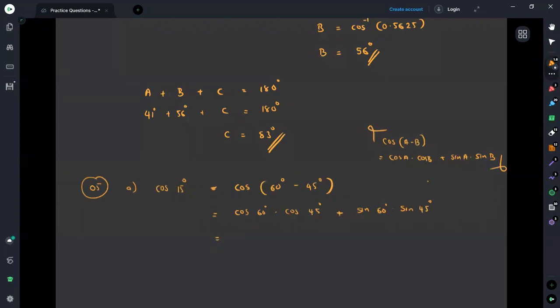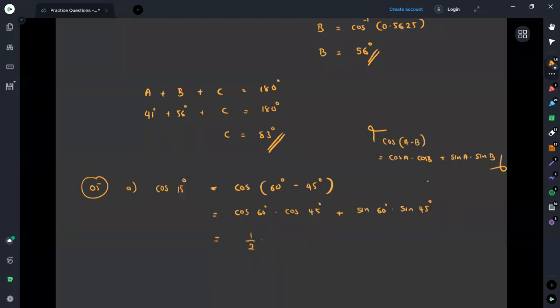If I correct this, cosine 60 was given as half.